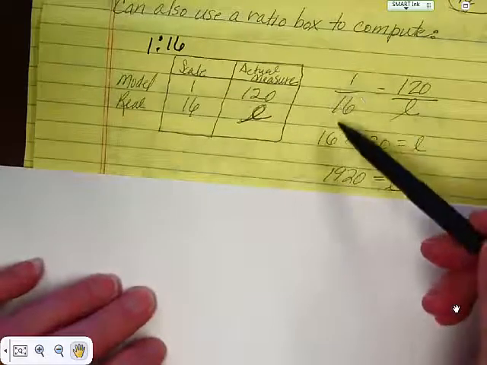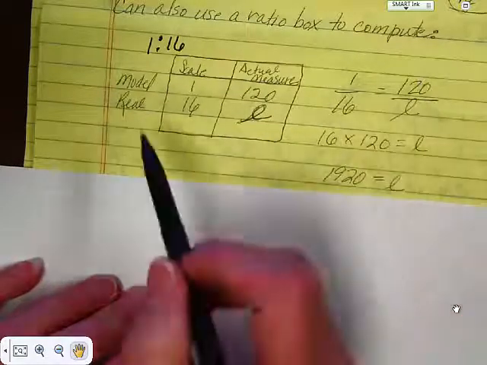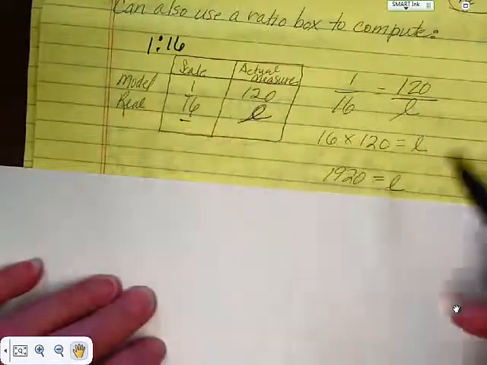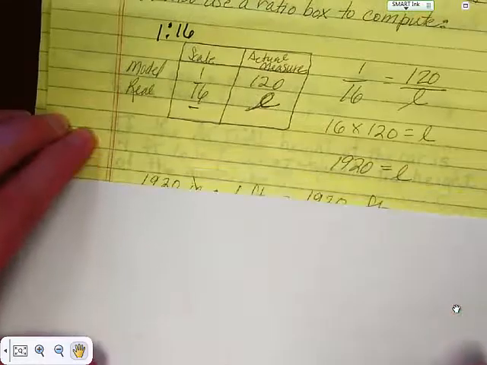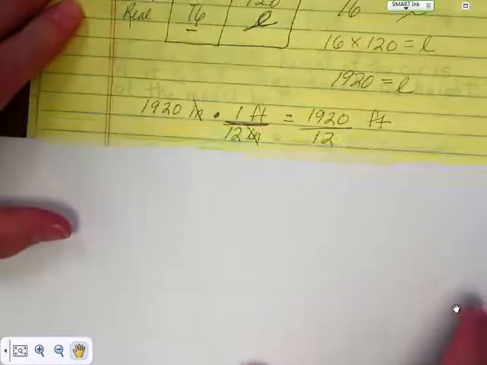So this is 1 to 16 equals 120 to L. Here's our numbers right here. 16 times 120 gives you 1,920 inches. And that just gives you the inches, remember. Then you have to take that and divide it by 12, and you get the feet.